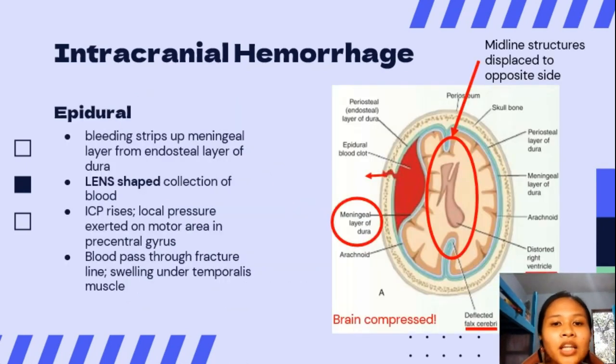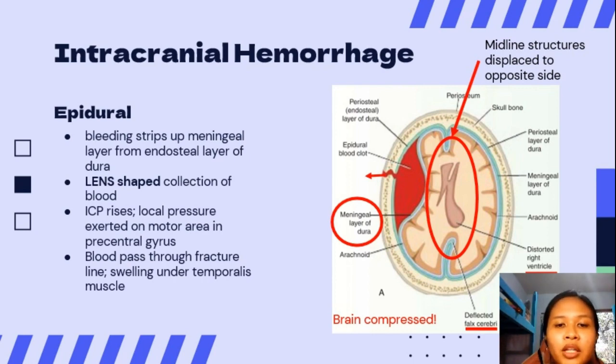On the CT scan, you can identify epidural hemorrhage as a lens-shaped hyperdense collection of blood. Hyperdense meaning it appears brighter than the other structures on the CT. As bleeding continues, it strips off the meningeal layer of the dura, and the ICP rises, which exerts local pressure on the motor area in the precentral gyrus, which will produce symptoms.